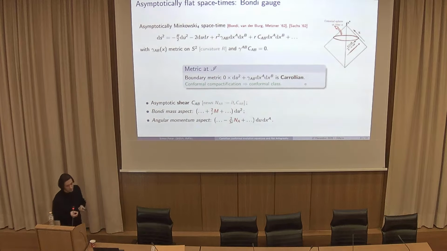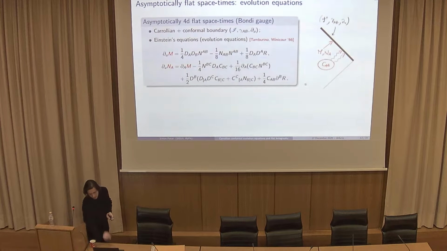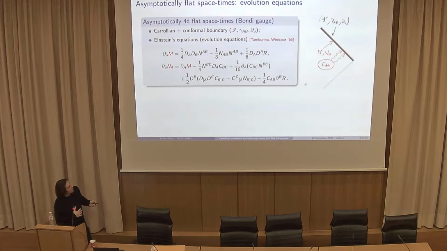And these quantities parameterize what type of space-time you are describing, if it has a sort of black hole or a rotation. All right, so these two quantities, they obey some evolution equations. And these equations take this form. They are a bit complicated.